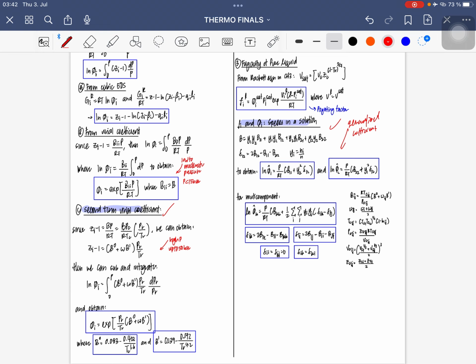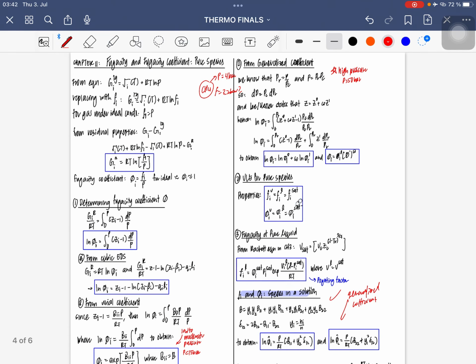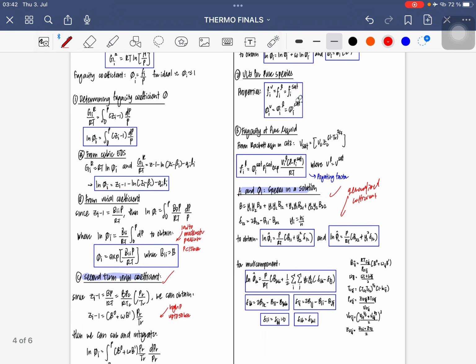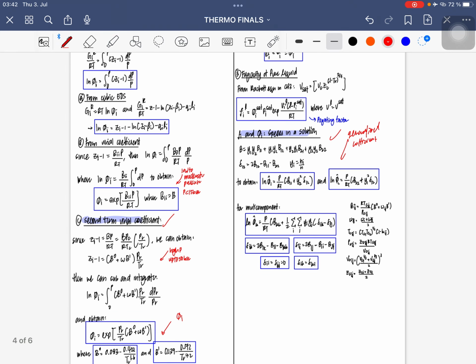When the question says to calculate the fugacity using the second virial coefficient, you just have to use this, and then you need to find the fugacity coefficient. Basically, the fugacity coefficient is just the ratio of fugacity over the pressure of the system.